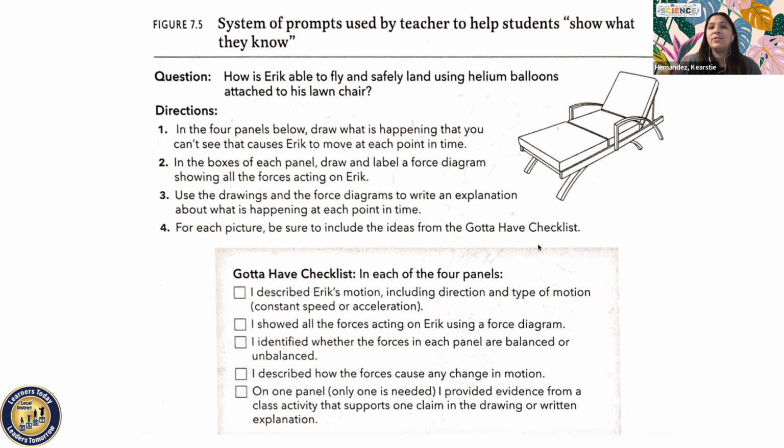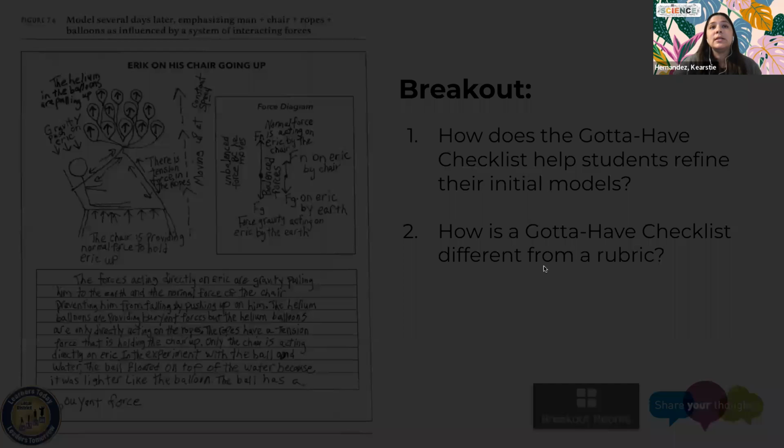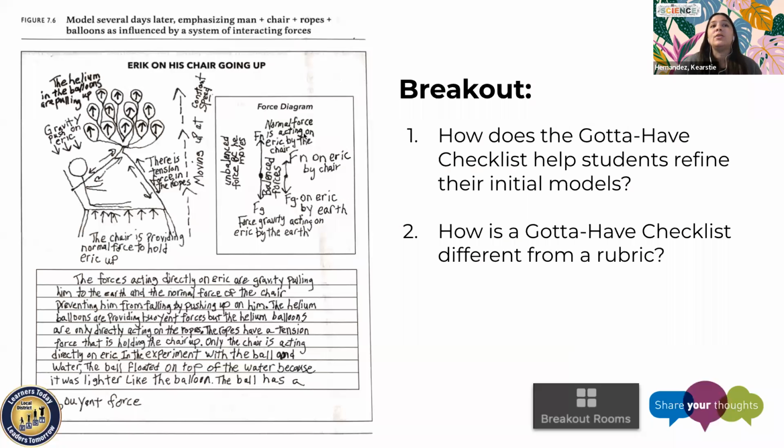Once students were given the gotta have checklist, they came back and created these final models. And again, you can see the difference in just the length of the explanation or the detail in the modeling. Craig just put the participant slide deck in the chat. In that participant slide deck, you have the initial model, the gotta have checklist, and the final models.